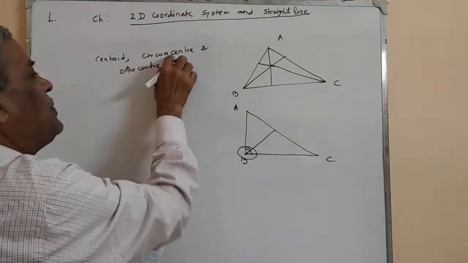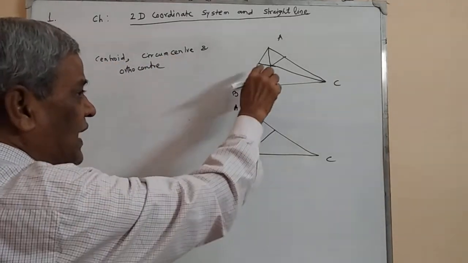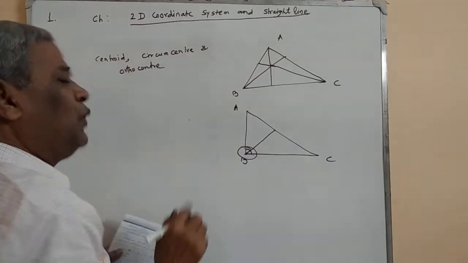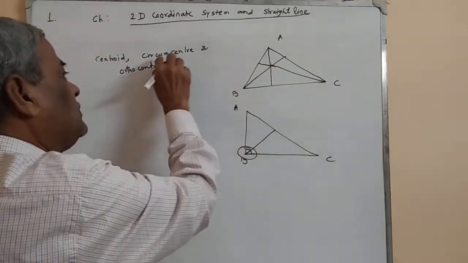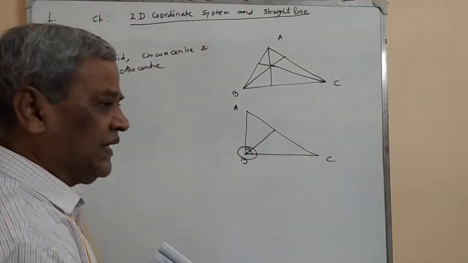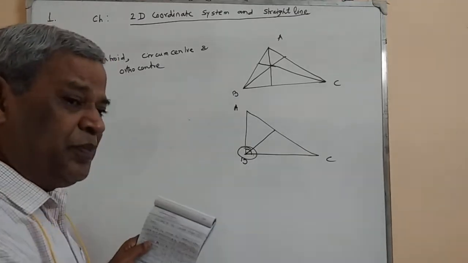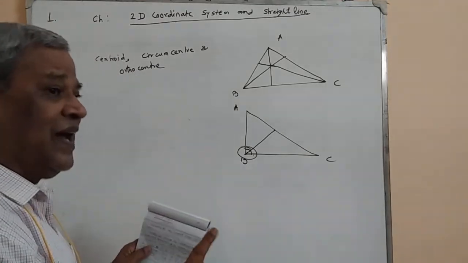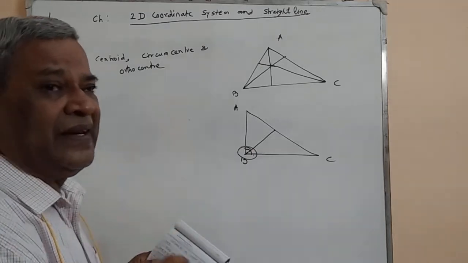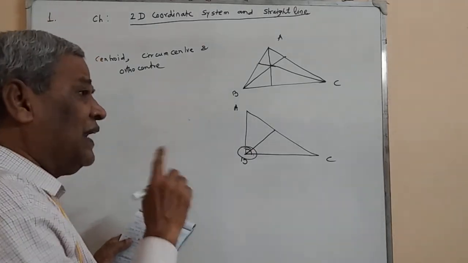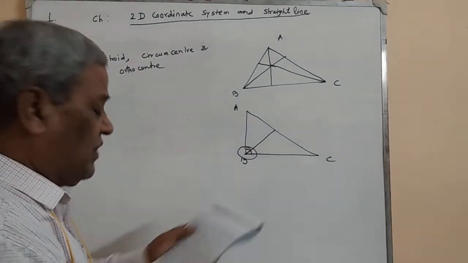Actually, these 3 points for a particular triangle, centroid, what is centroid we know, circumcenter and orthocenter, all these 3 centers are collinear. They are lying on the same straight line.